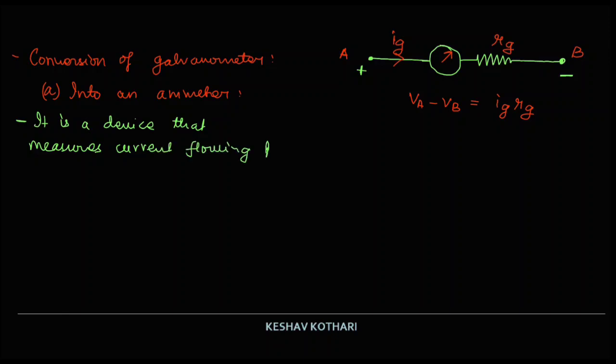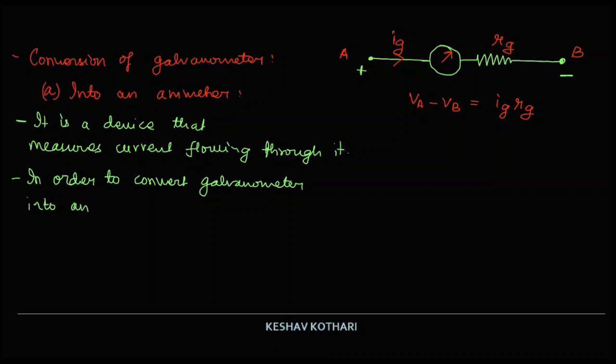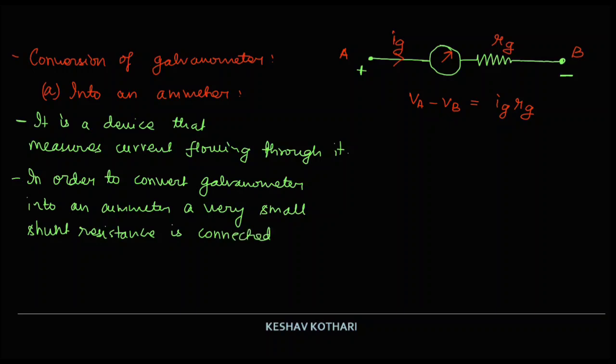In order to convert a galvanometer into an ammeter, a very small shunt resistance is connected across it.